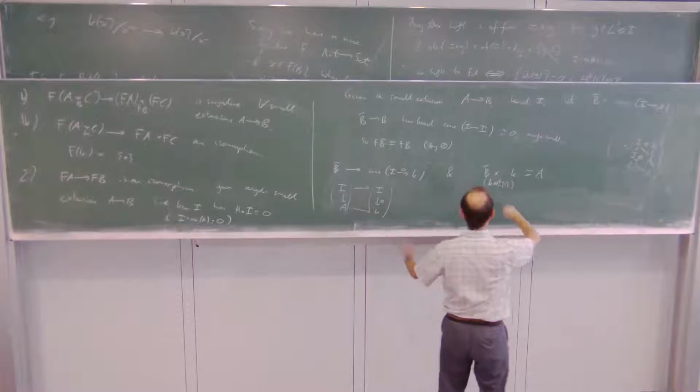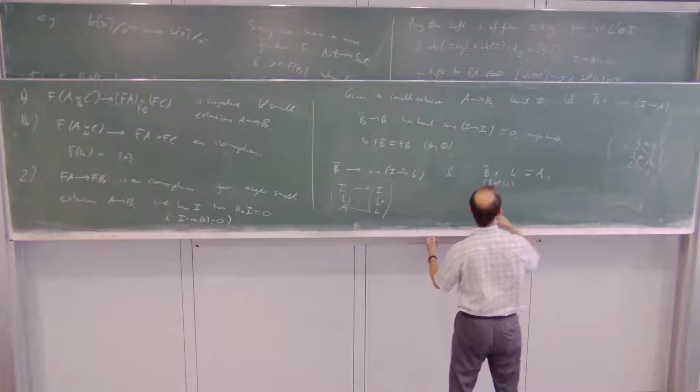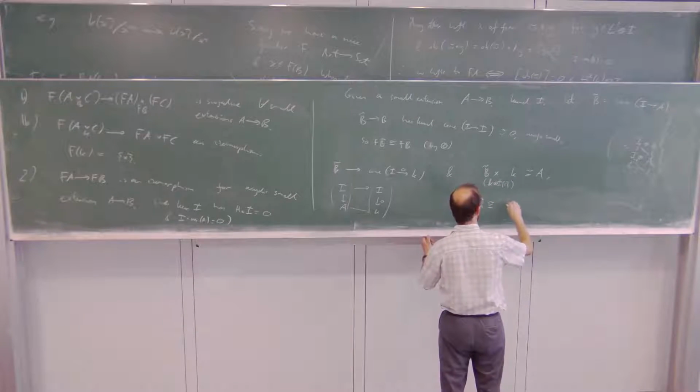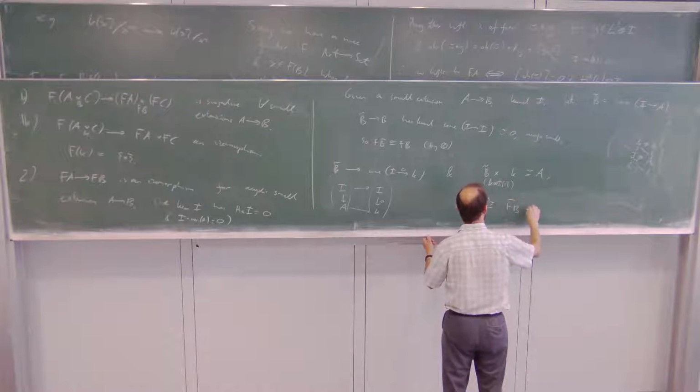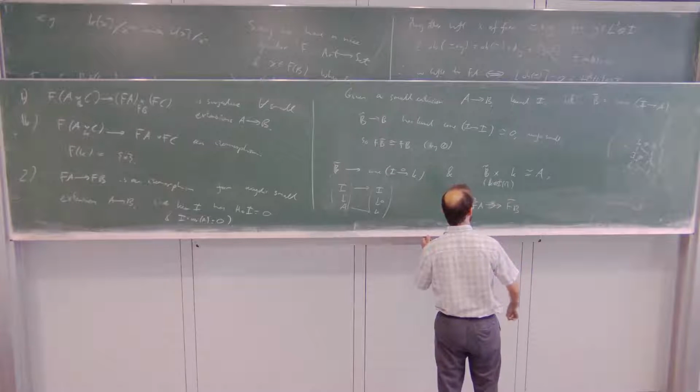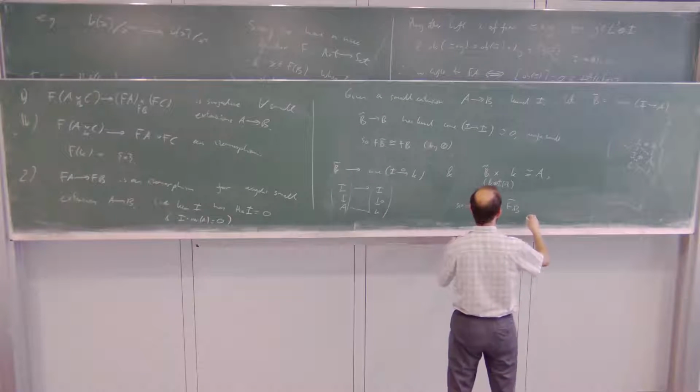And so now condition one says they surject onto f of B tilde.